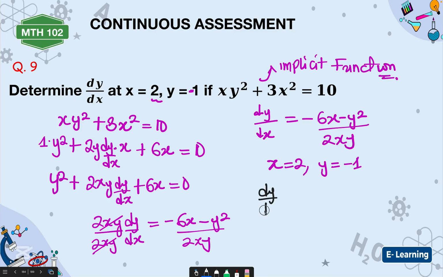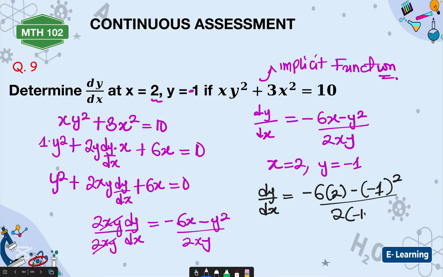So that our dy/dx will be minus 6 bracket 2 minus bracket minus 1 squared, all divided by 2 bracket 2 bracket minus 1.